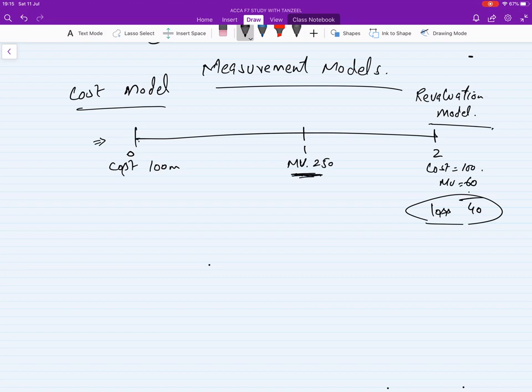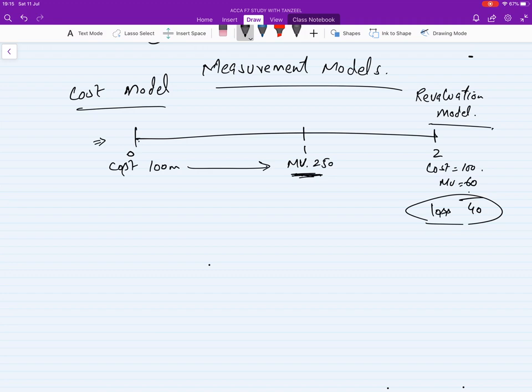The one you have in London increases to 250, and the ones in Bolton and other areas have decreased in value. So the director said, let's start using the revaluation model for the best areas and the cost model for the other areas.